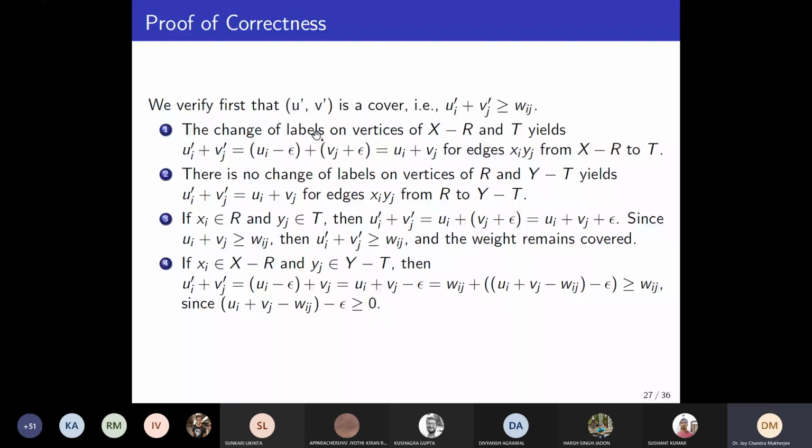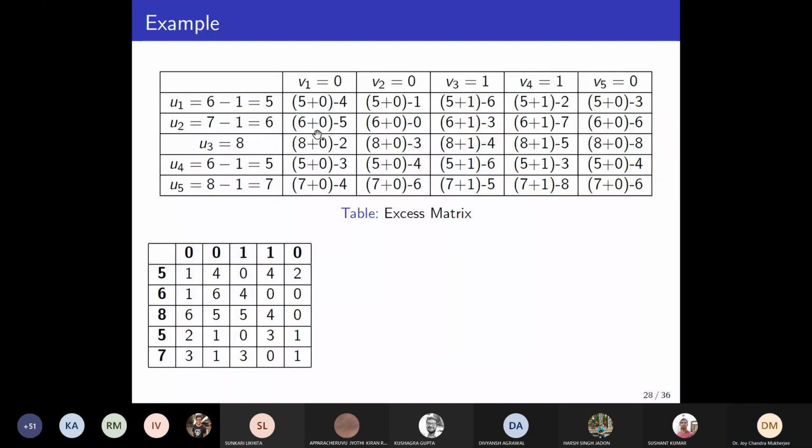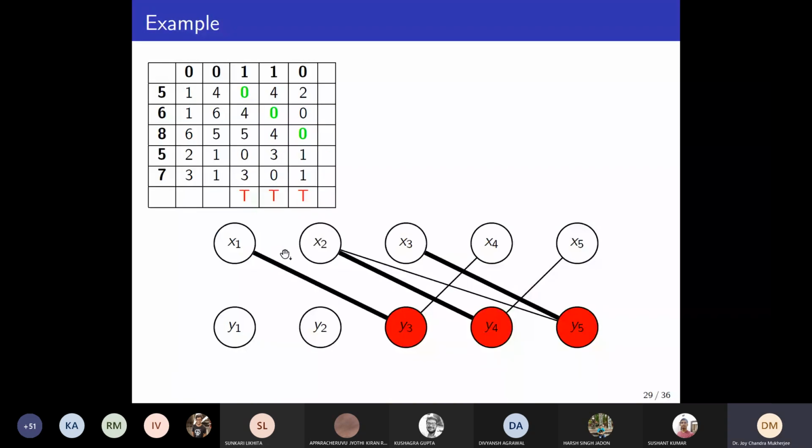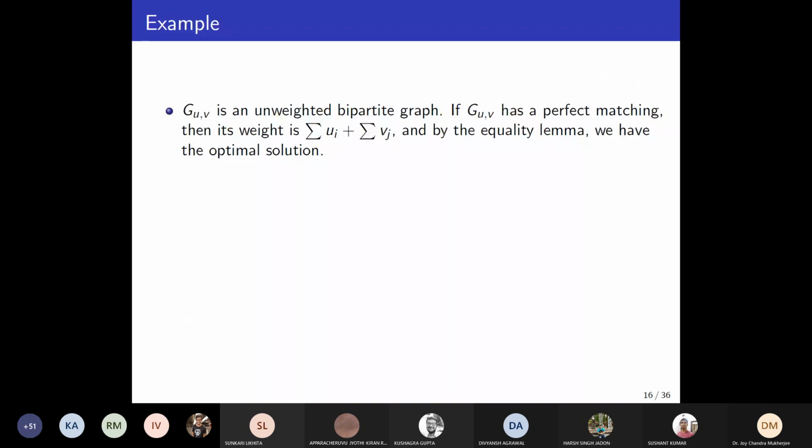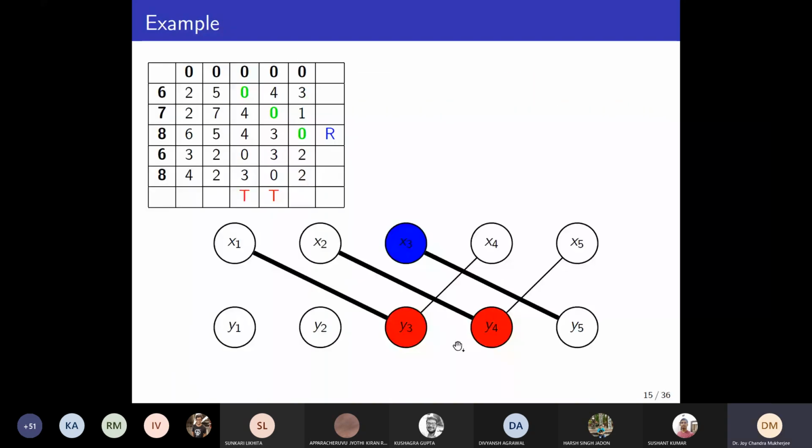So basically in each iteration, this is an unweighted bipartite graph in which perfect matching has not happened. We need to introduce more edges, and which edges?